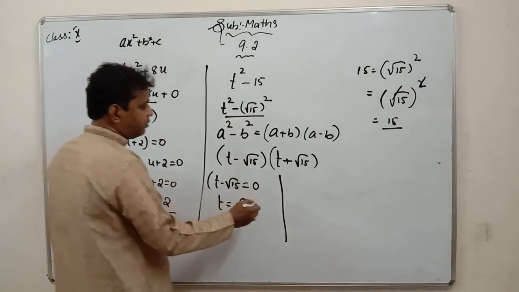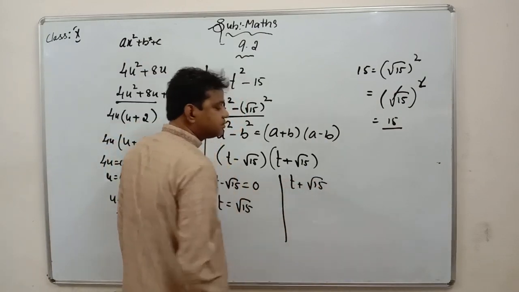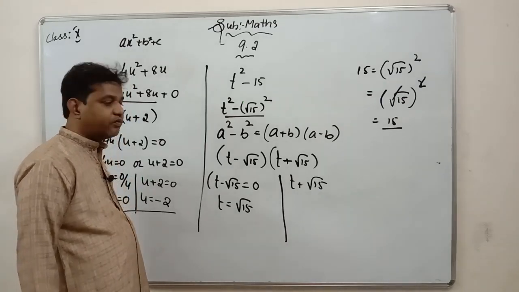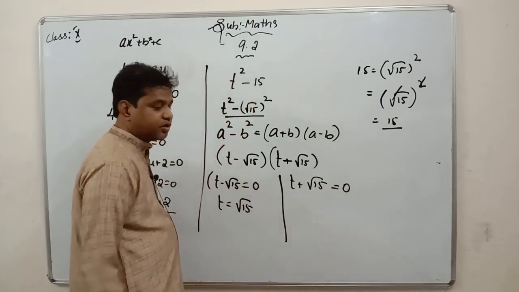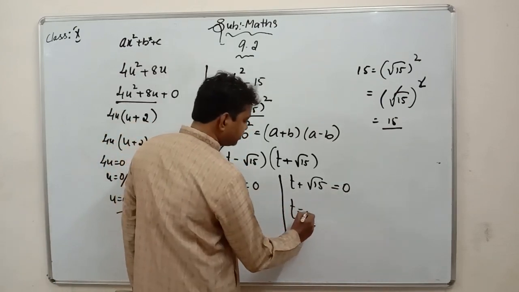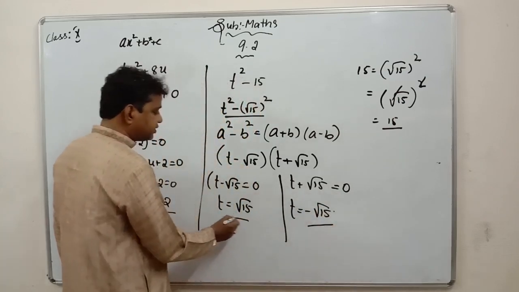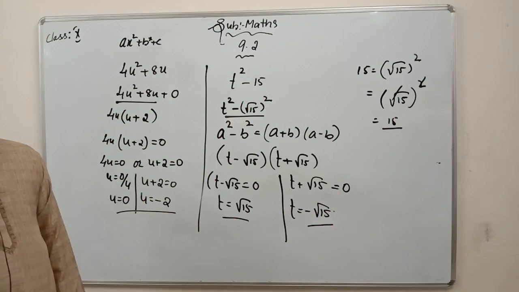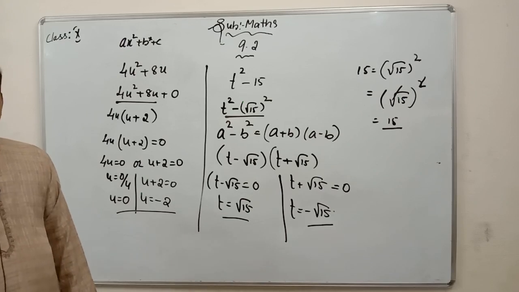On the other side, t plus root 15 equals 0, or t equals minus root 15. So now we have two values here. We already took root 3 in the worked example problem. Now instead of 3 we have 15 here.